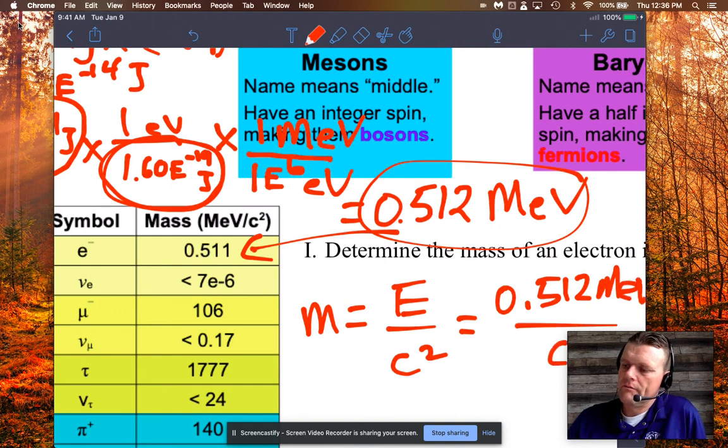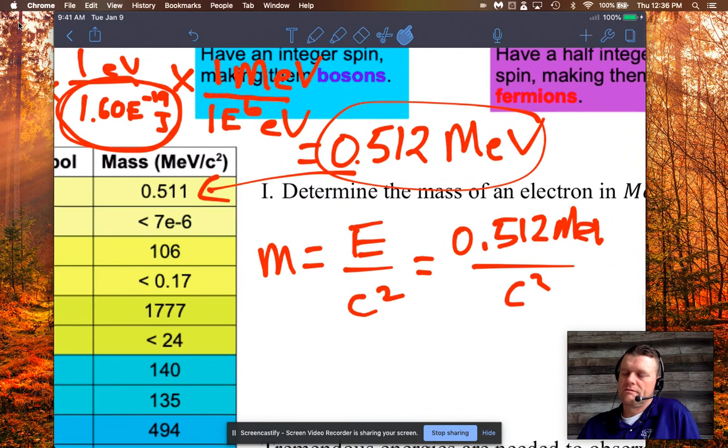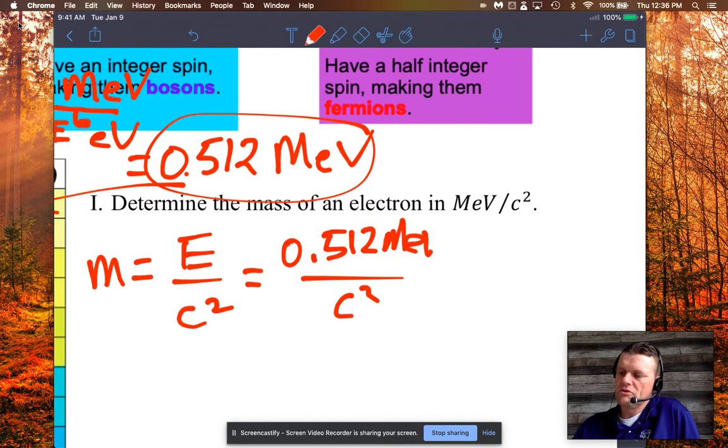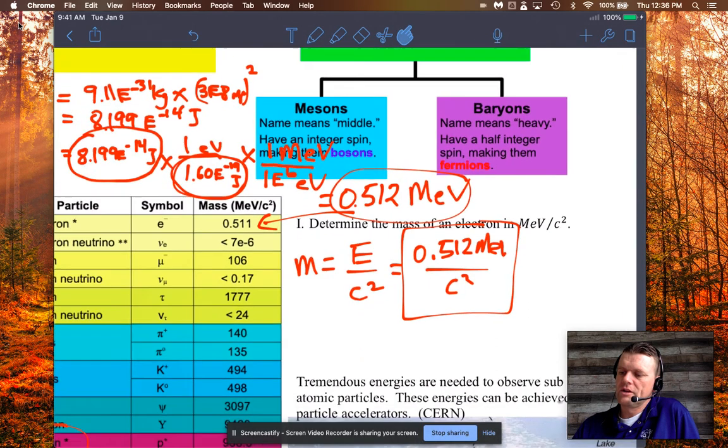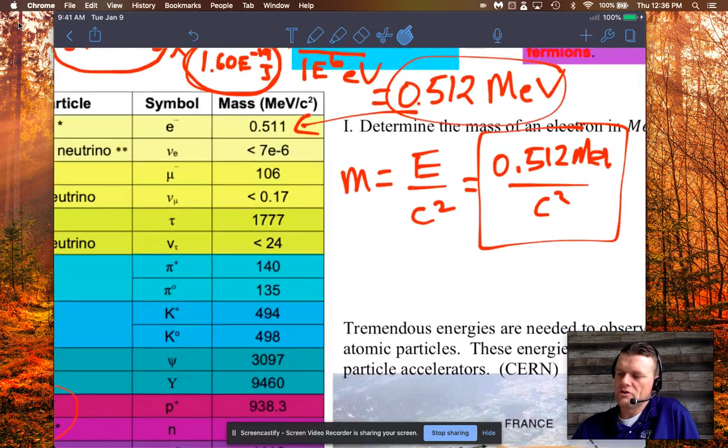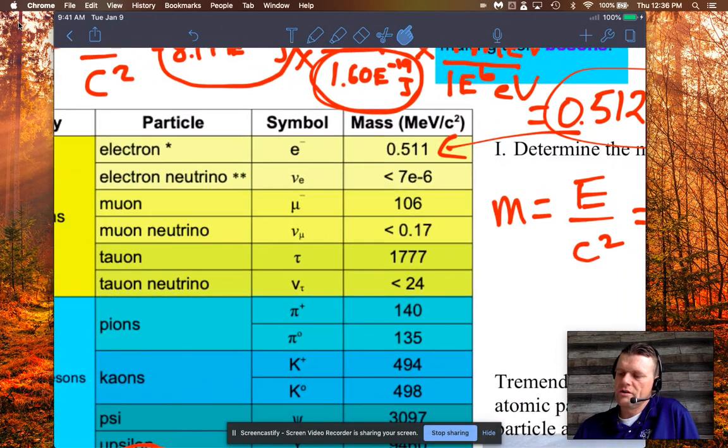And you can't calculate that any further. But this enables you to have the nice comparative ratio, and look at that. That's what all of these are. You can see an electron neutrino. These neutrinos are really, really small. They're way smaller than an electron.